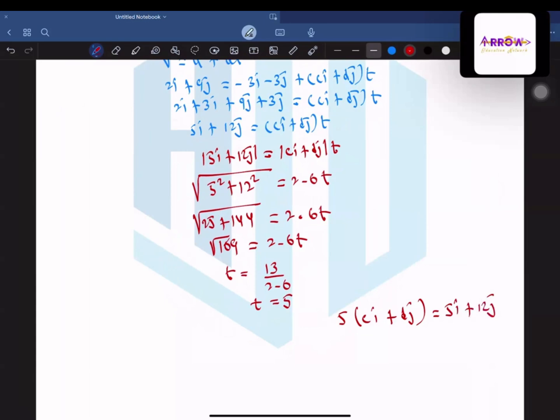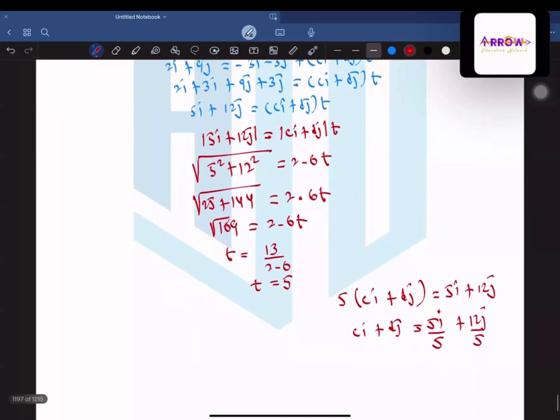We just need to compare the vectors now. So I can say that ci plus dj is equal to 5i divided by 5 plus 12j divided by 5. So ci plus dj is equal to i plus 2.4j, and therefore we can say that c is equal to 1 and d is equal to 2.4. This is supposed to be your answer.